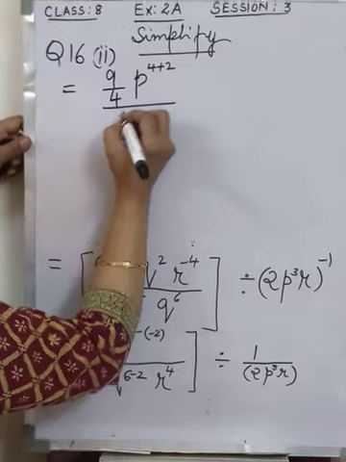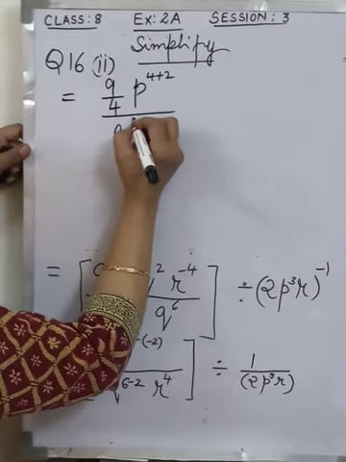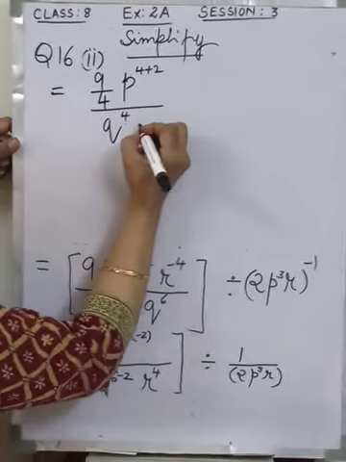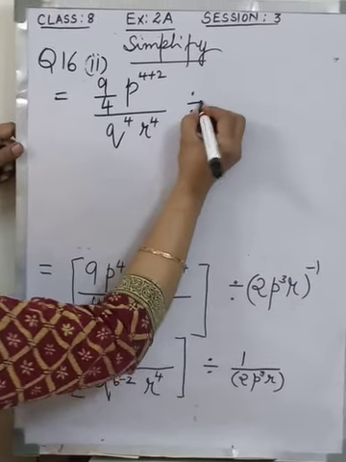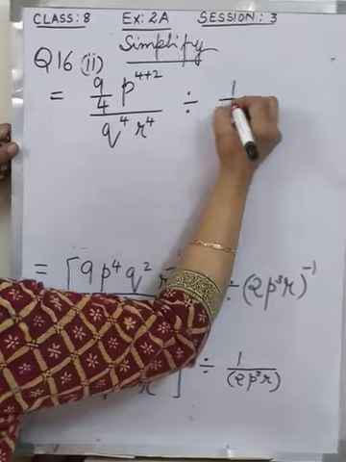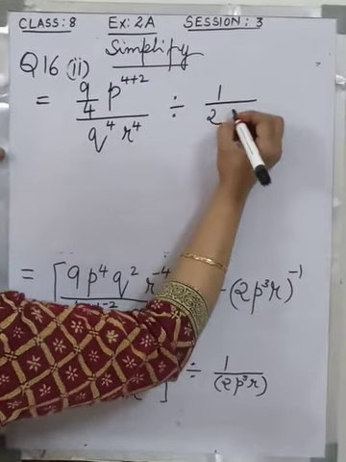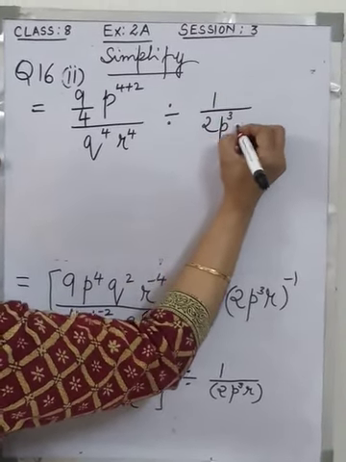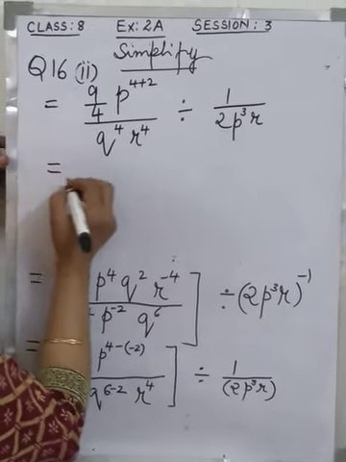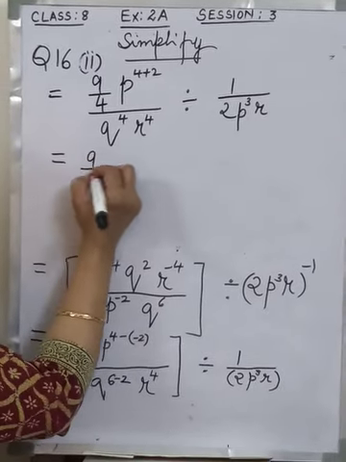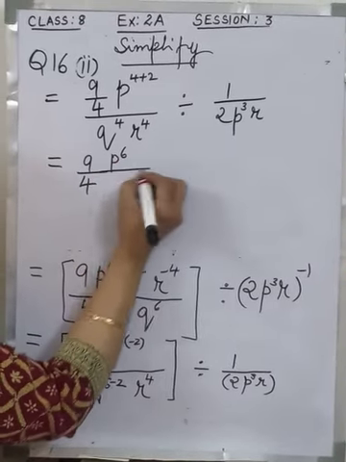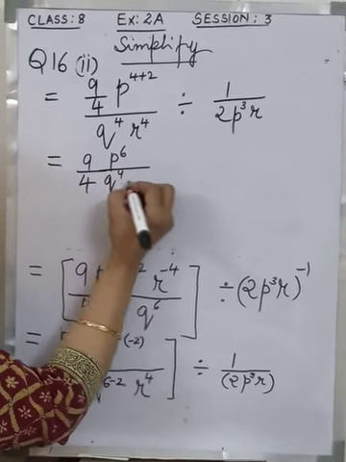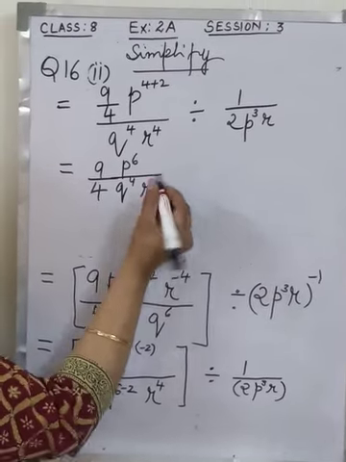What we have in the denominator, q to the power 6 minus 2 will give you 4, and r to the power 4, divided by 1 by 2 p cube r. So what we will have now is 9 by 4 p to the power 6, q to the power 4 and r to the power 4.